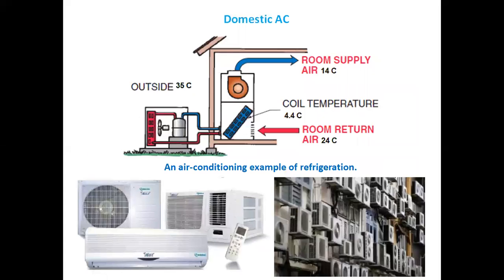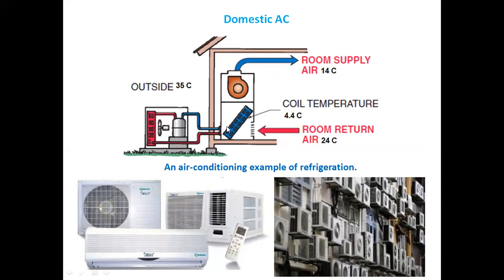The next application is in domestic air conditioning. In domestic air conditioning, again, the basic working principle is the vapor compression refrigeration cycle. As you can observe here, the compressor is shown in blue, the low temperature line is shown in blue, and the high temperature line in red.